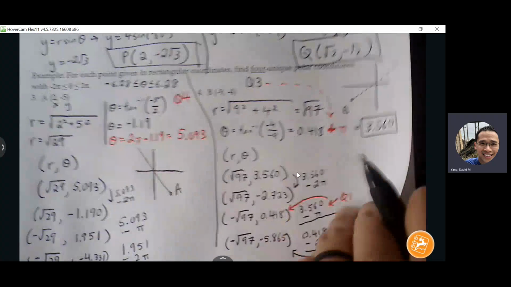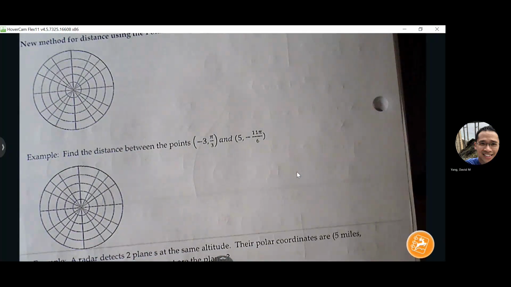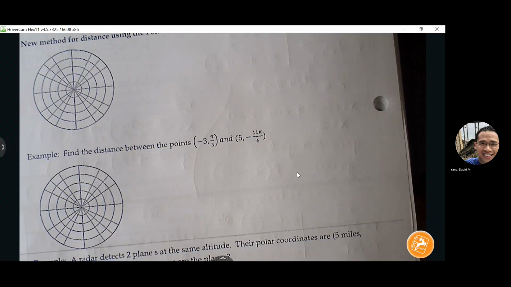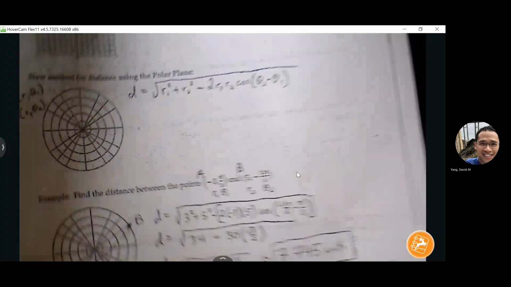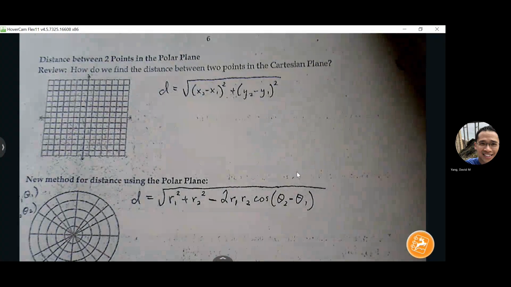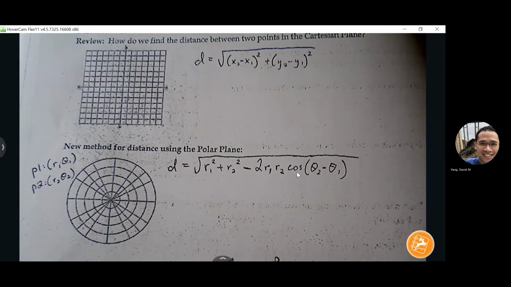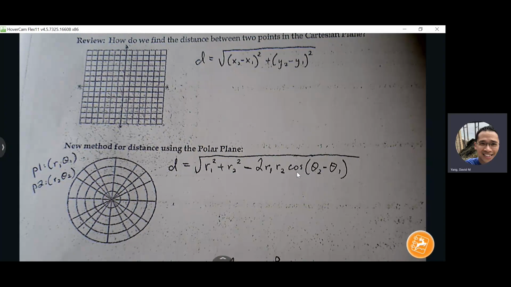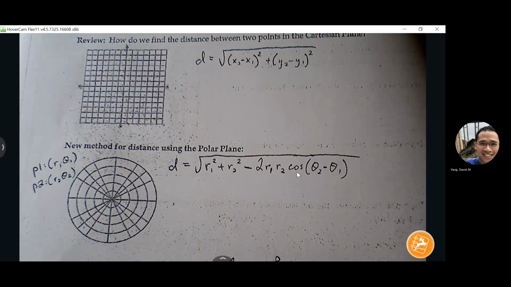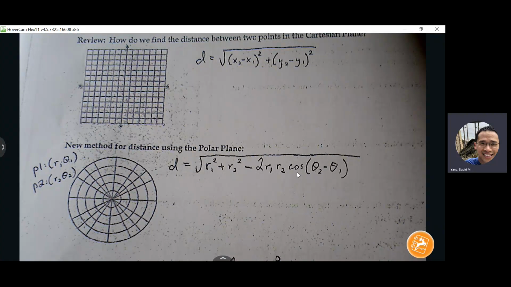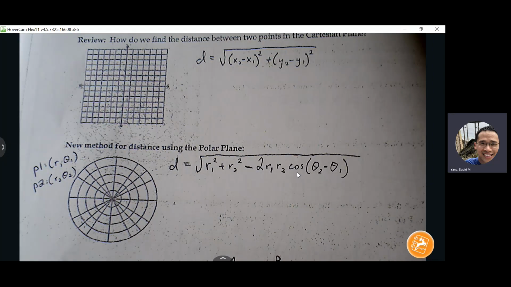One more thing I wanted to go over is the distance formula. Okay, page 6. Now, for the distance between 2 points on the coordinate plane, or Cartesian plane, we just take our ordered pairs and do x2 minus x1 squared plus y2 minus y1 squared.